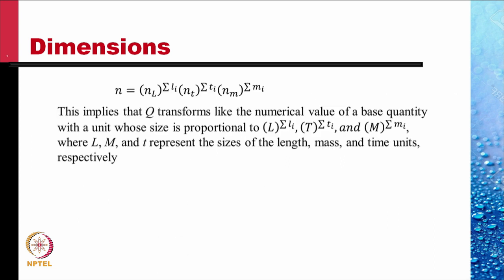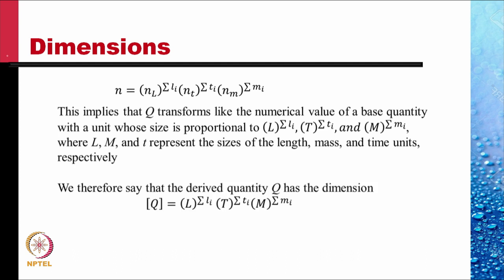This implies that q transforms like the numerical values of the base quantities with a unit whose size is proportional to L raised to power summation l_i, T raised to power summation t_i, and M raised to power summation m_i, where L, M, and T represent the sizes of length, mass, and time units respectively.